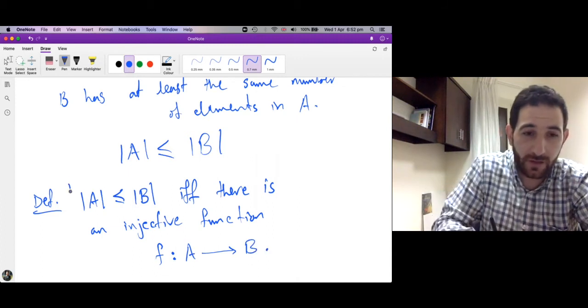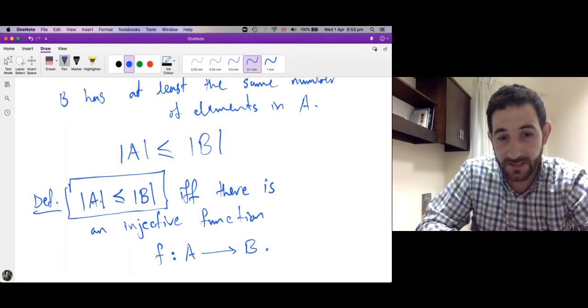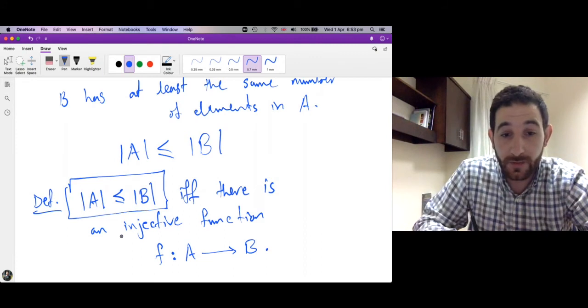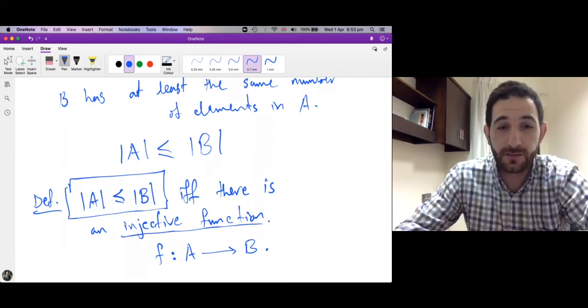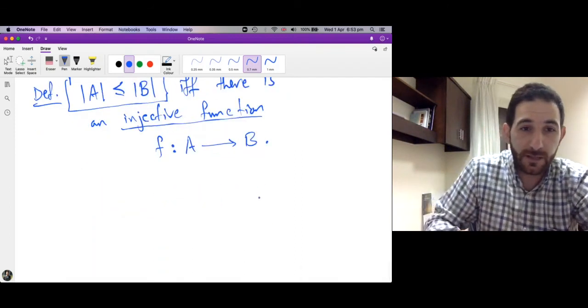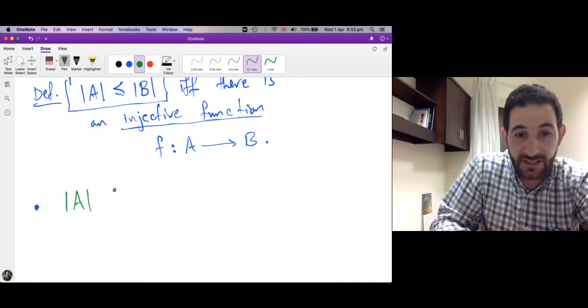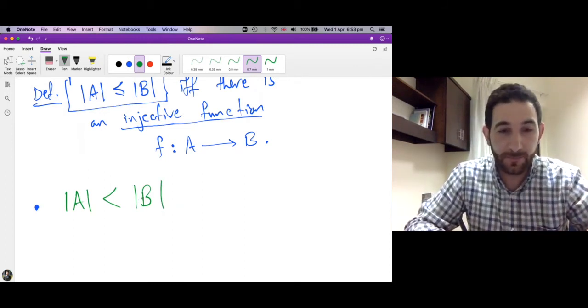Okay, so whenever we write that the cardinality of a first set is less than or equal to the cardinality of a second set, we mean we can find an injective function from the first to the second. And the second point, we want to say that the cardinality of A is strictly less than the cardinality of B. Maybe you think of A and B containing 5 elements and 20 elements, but what if the sets are infinite?